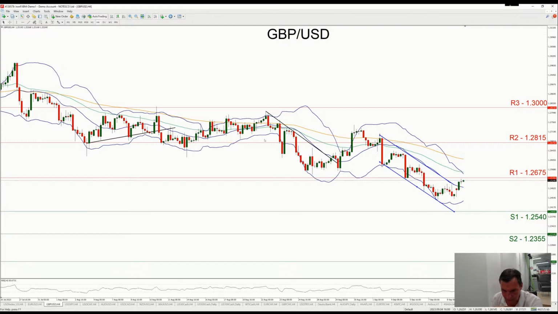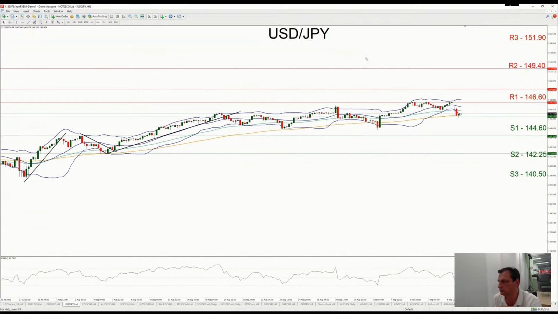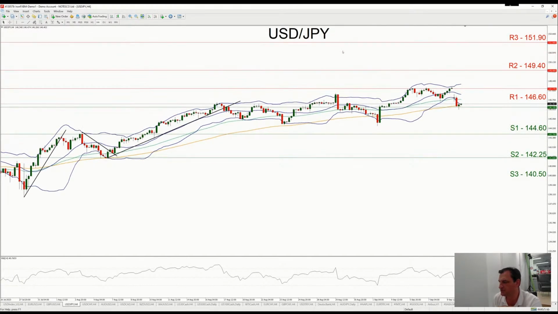Okay, let's have a look at USD/JPY. Let's readjust the labels a little bit. Quite a proud analyst on USD/JPY today.